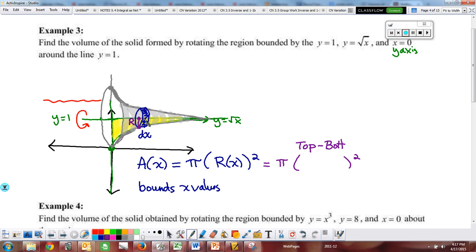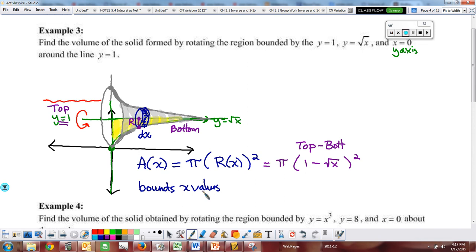So I need the top. The top is y equal to 1. The bottom is the square root. So that radius, which is the height of the little region right there, is going to be 1 minus square root of x. 1 minus square root of x.